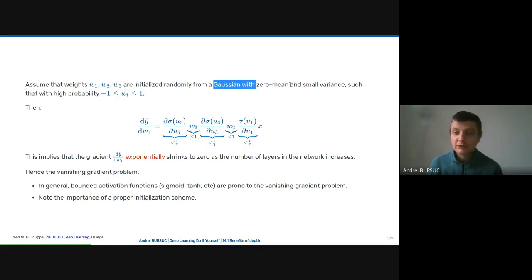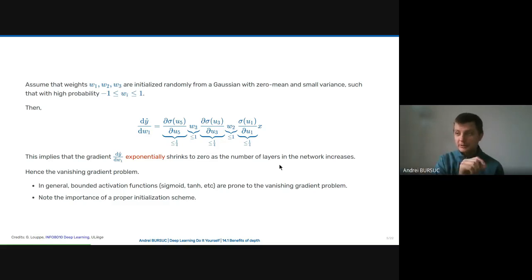Here I was actually nice, initializing with 0 mean and small variance, but if we have a bigger variance, the weights might go to different sides, and it might actually impact the sigmoid, which will be somewhere towards 1 and 0.